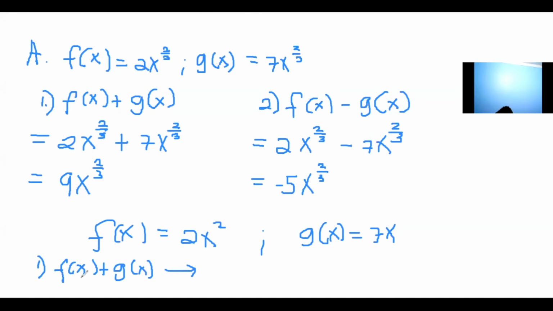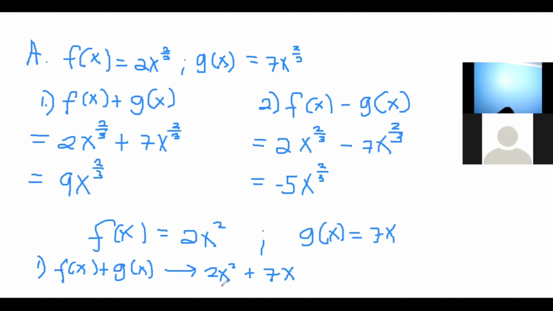So if we're going to do this, so we're going to replace the values of your f of x and g of x there. So f of x is equal to 2x squared plus your g of x is equal to 7x. If you're going to examine your variables, the first variable is expressed in squared, or it's in the second power. The second variable there is expressed in the first power. Question: Can we combine the numbers or not?